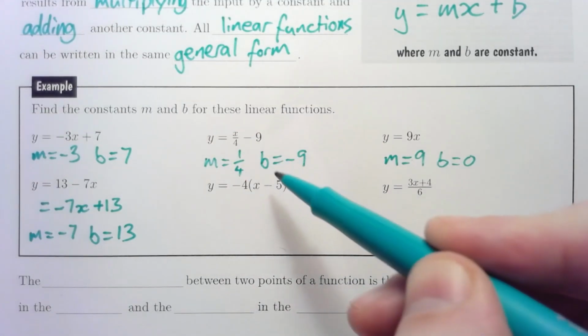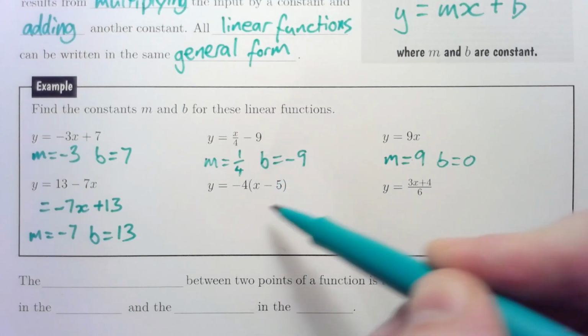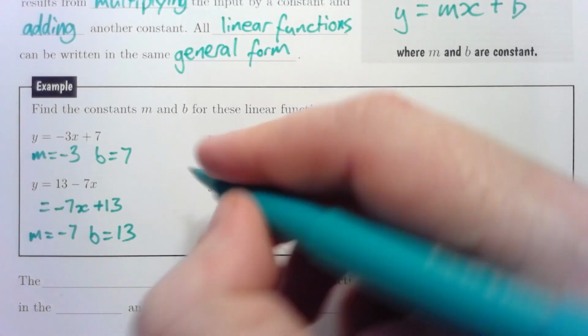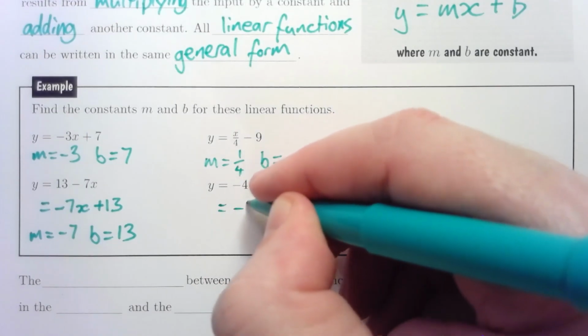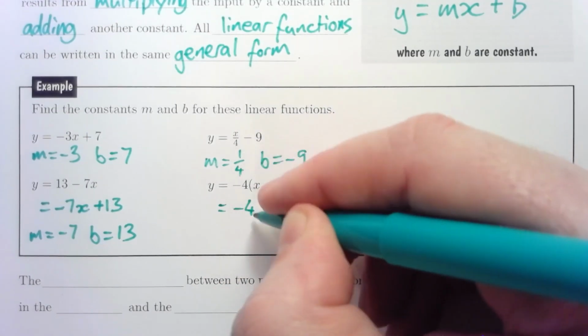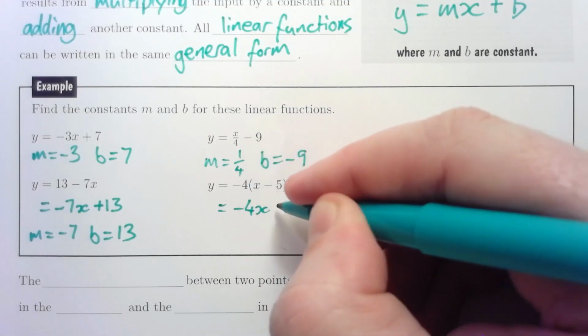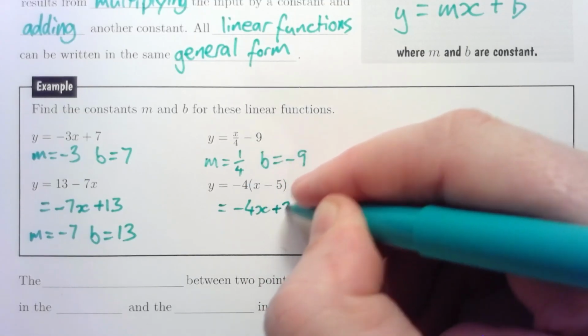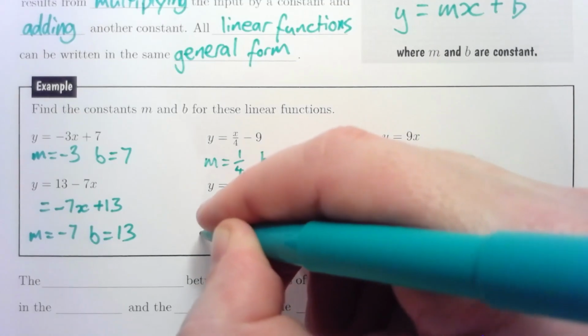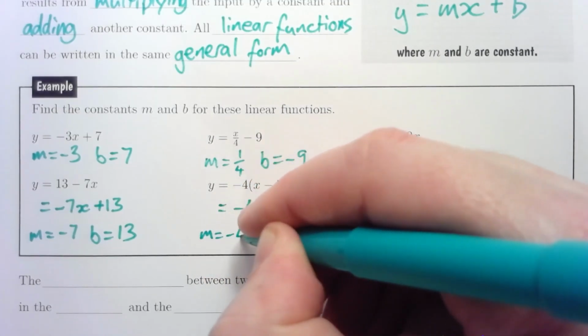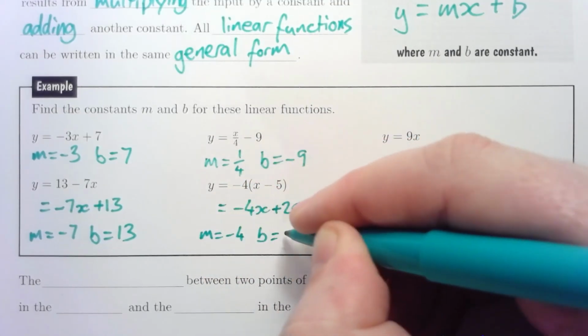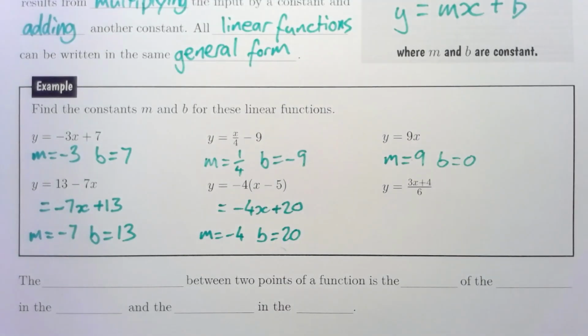This one looks a bit unusual because we've got parentheses. But by simply distributing, we can put it into the form that we want. So -4 times x is -4x. And -4 times -5 is +20. So m is -4 and b is 20.